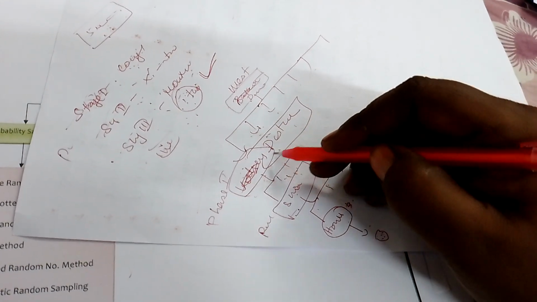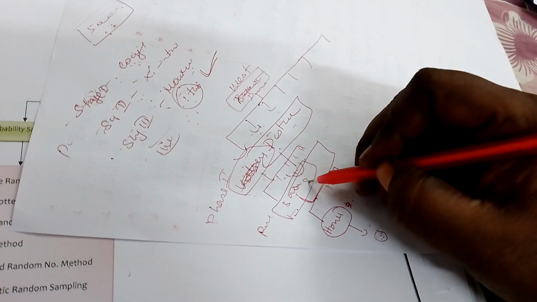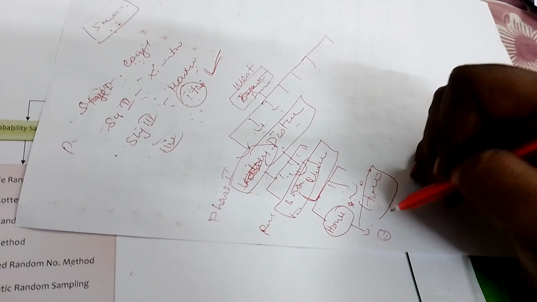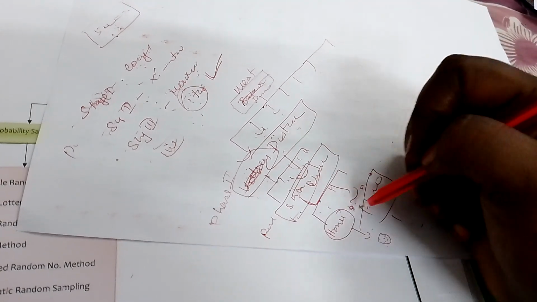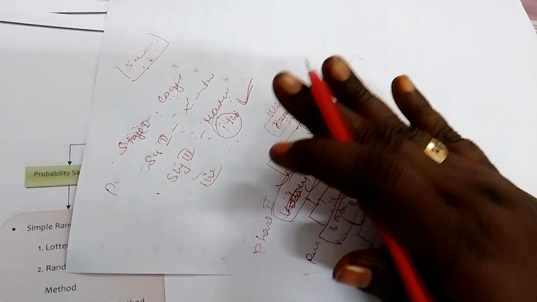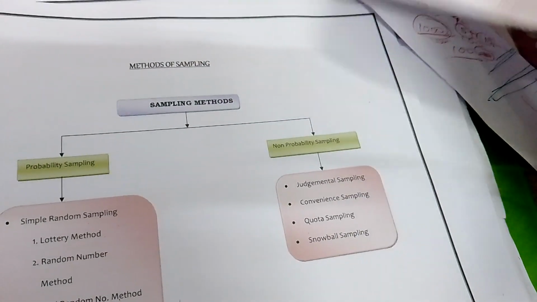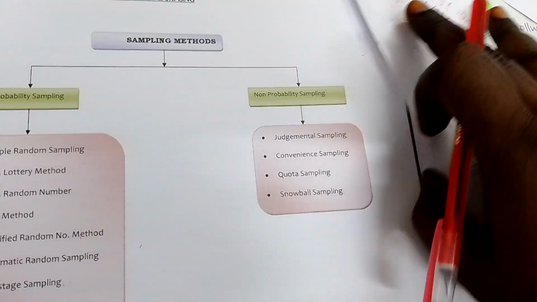From the district level to the village level, then from the village level to the household level, from the household I select. So phase-wise, phase 1, phase 2, phase 3, phase 4. This is the technique I can use for multi-phase sampling. Hope you understand.